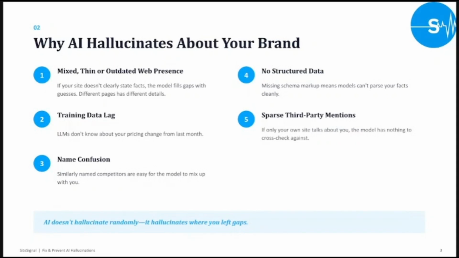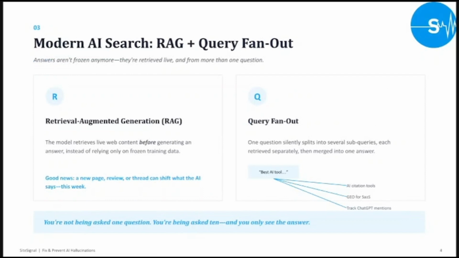Then the AI will not be able to gather the facts correctly, so it will hallucinate, or it will try to create its own answer. So make sure you monitor third party mentions. Those are the five things generally why AI hallucinates.